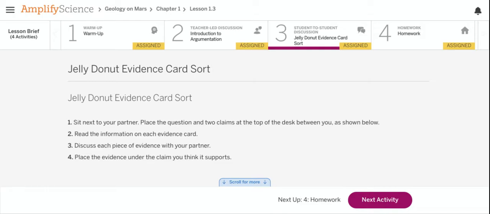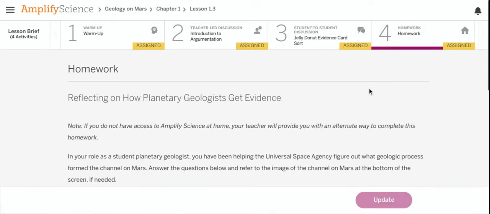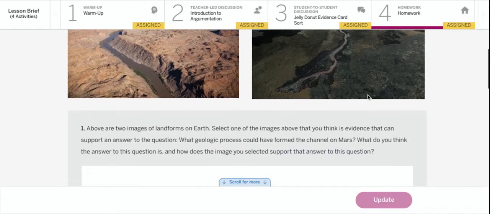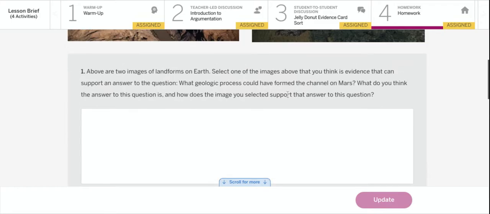Okay, the last 10 minutes of class, we've got a little bit more than 10 minutes left, are yours to work on your homework piece. If you finish it early, go back to lesson 1.2. Make sure you have all those different pieces turned in. If you need to complete anything, go ahead and work on completing it.